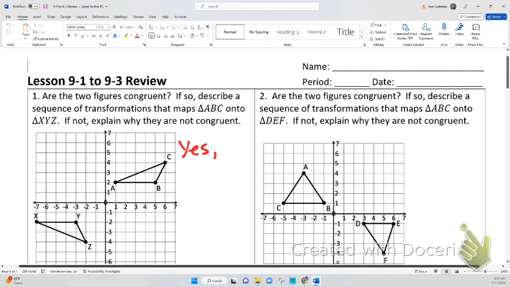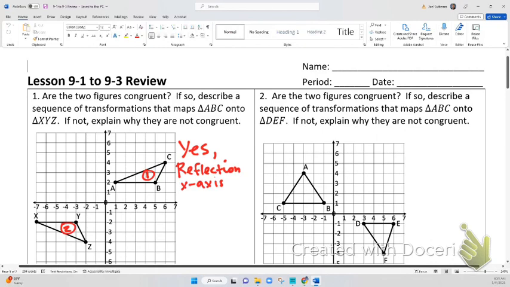The second step is, if they are, then what sequence of transformations maps ABC onto XYZ? So I like to put a 1 on the ABC and a 2 on the XYZ because they're saying, how do you go from ABC to the XYZ, right? So the first thing I did is I did a reflection on the x-axis, okay?